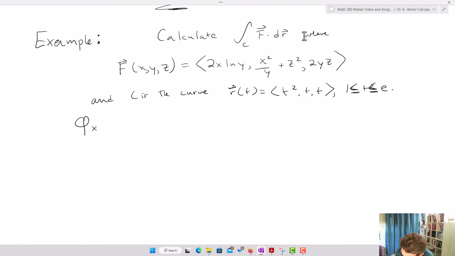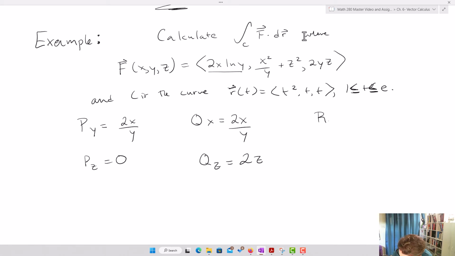So P is 2x ln y. So P_y is going to equal 2x over y, and P_z is going to equal 0. Q_x is going to equal 2x over y, and Q_z is going to equal 2z.